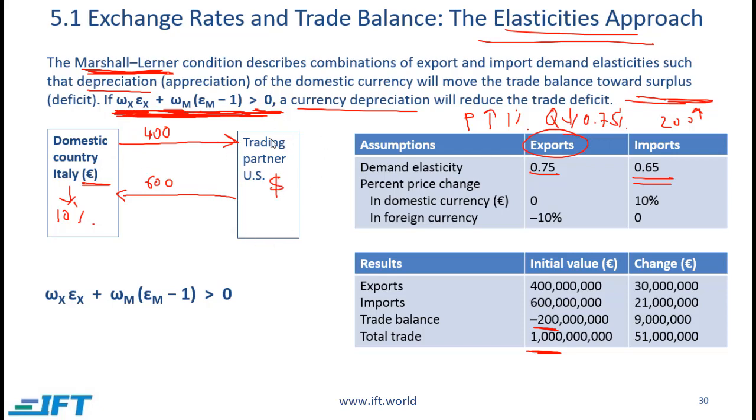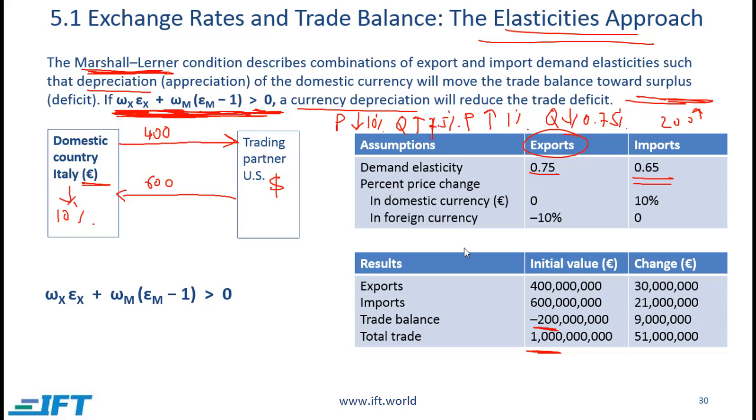So from a US perspective, Italian goods are now cheaper. In fact, we can say that from a US perspective, the price is actually down. If the price is down, then the quantity will be up.